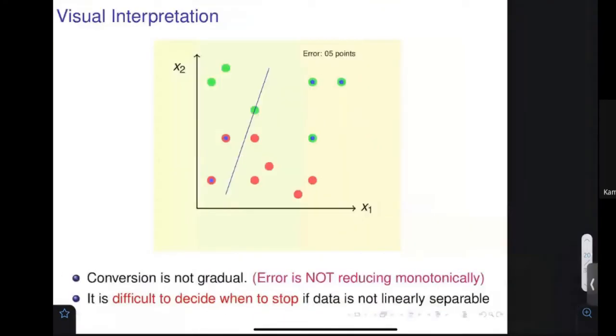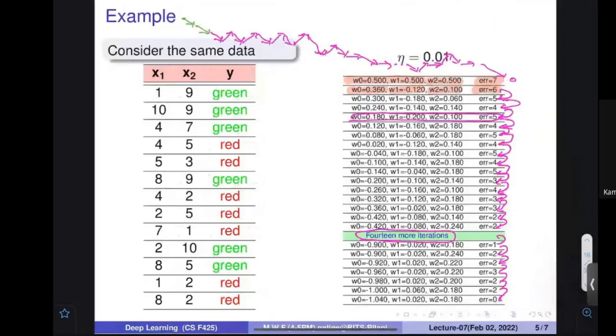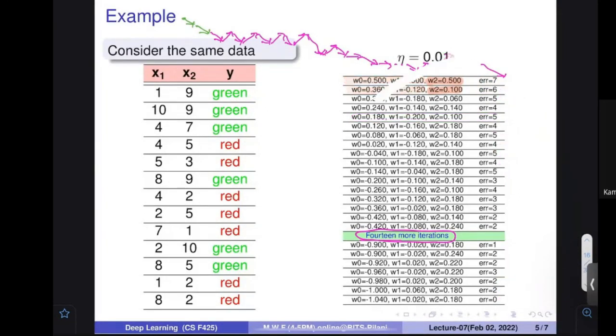But if you see this particular table, every time things are going to be up and down, so you don't know where to stop. You could stop when the value becomes 2, but you don't know whether 2 is the right place to stop.